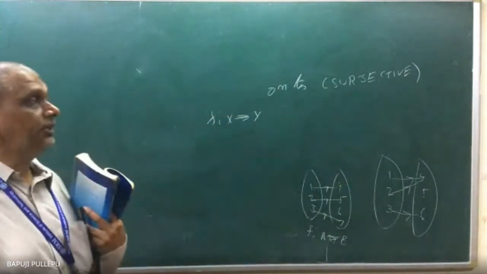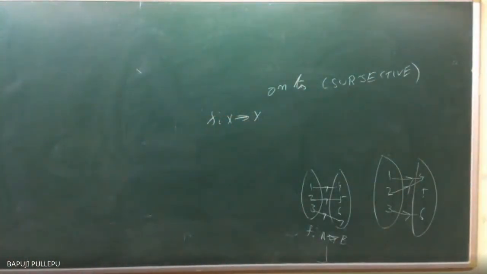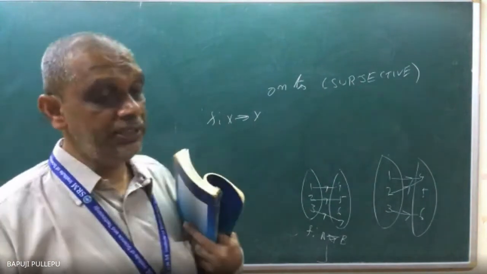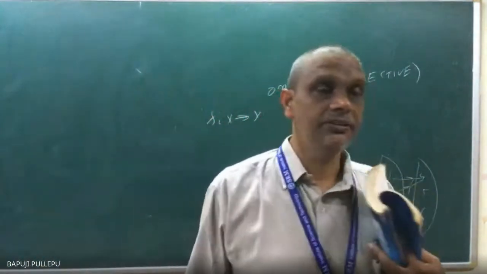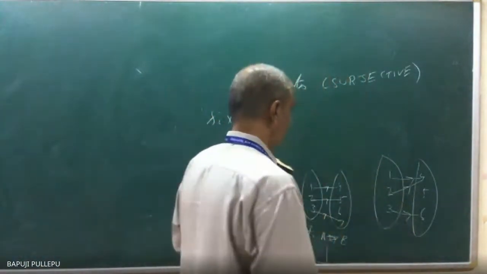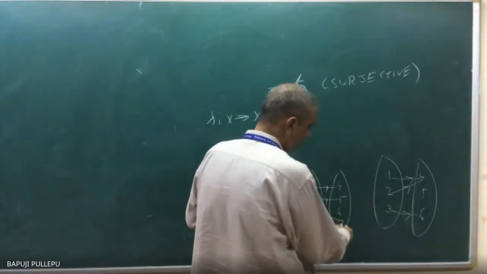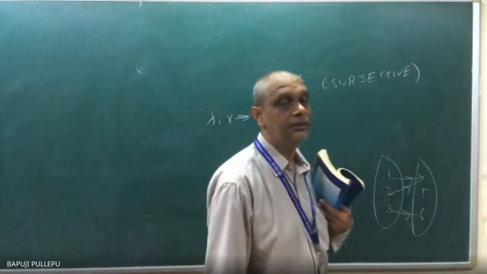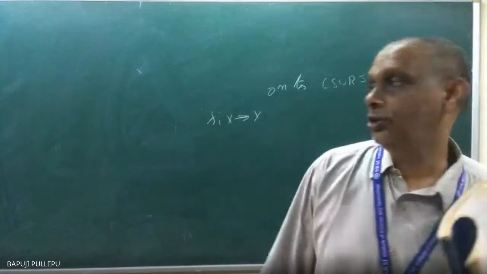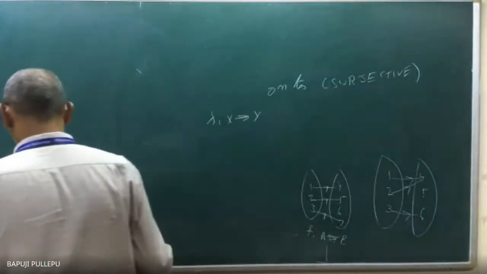So onto means what? In Y all elements should be filled from X. That is, every element will have a pre-image. That is called onto. Now one example I will give.